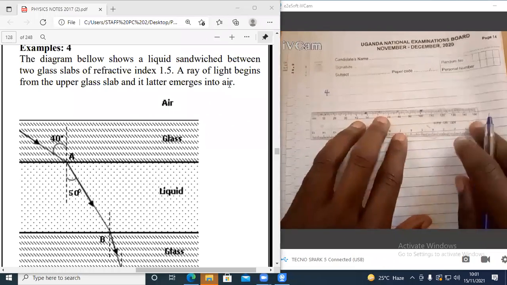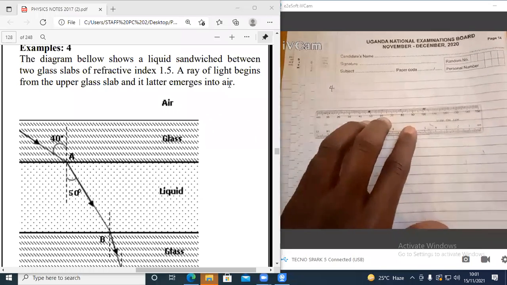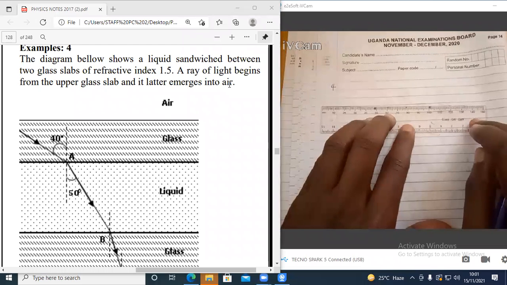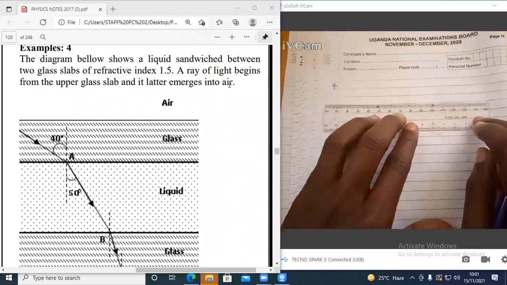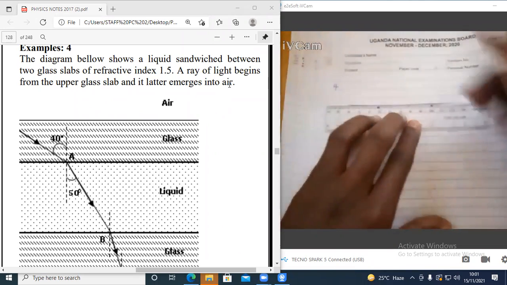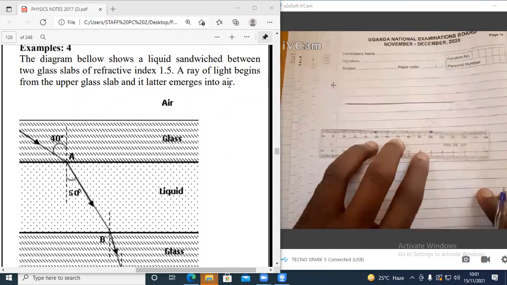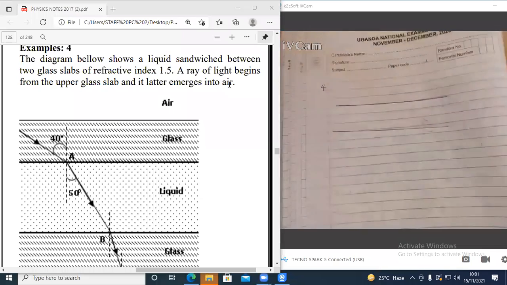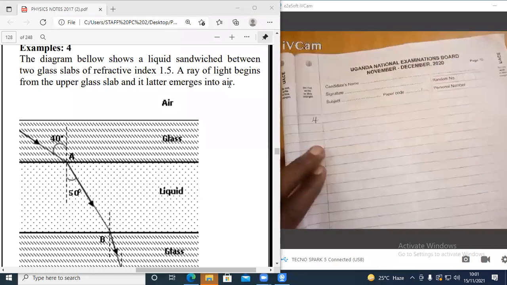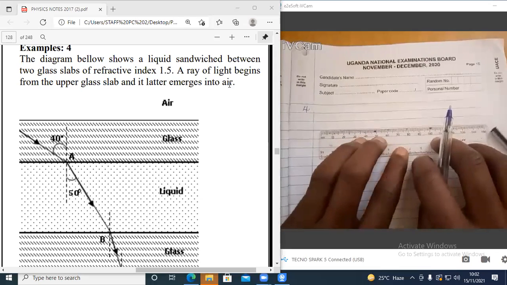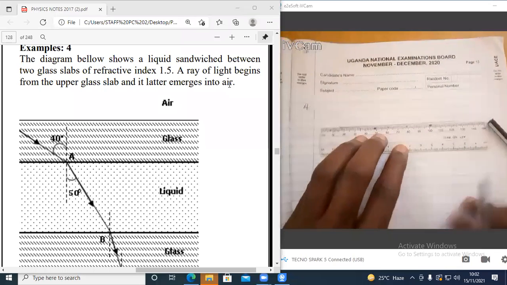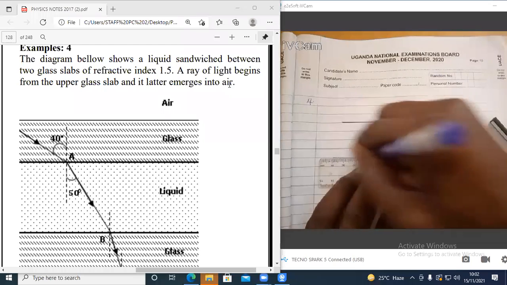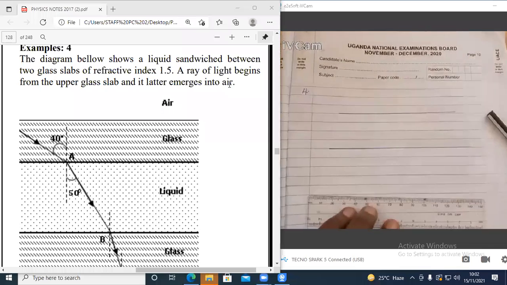Members, don't worry about the diagram. What is important is that you just take a pair of media. So we have the first one here, then another one here, and this one here.